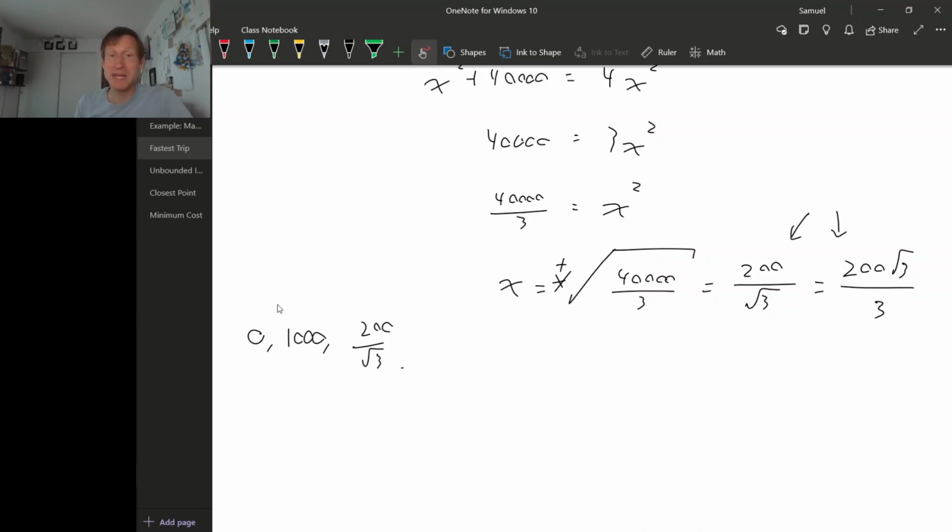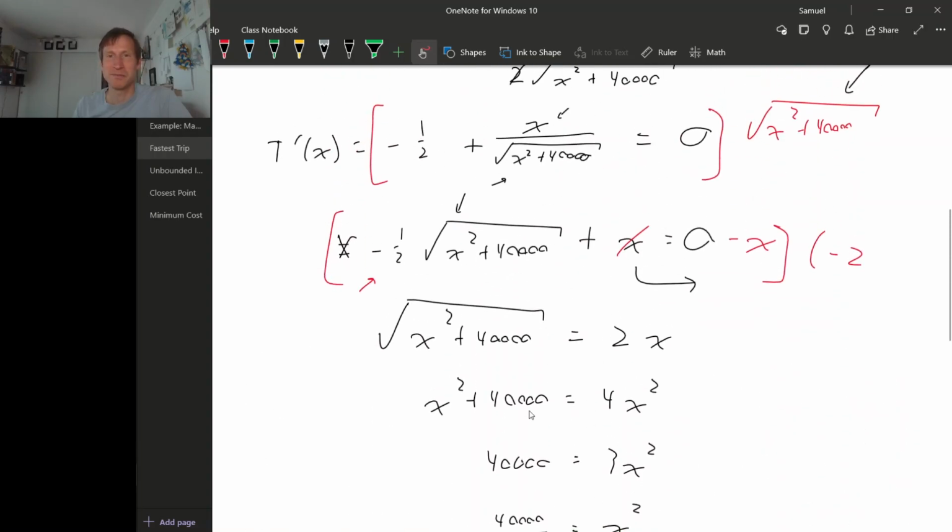Okay, so the minimum time is one of these values. We just need to figure out which. So we just need to plug each of these values into our original function t of x, which was something like 500 minus 1/2 x plus, I don't remember.